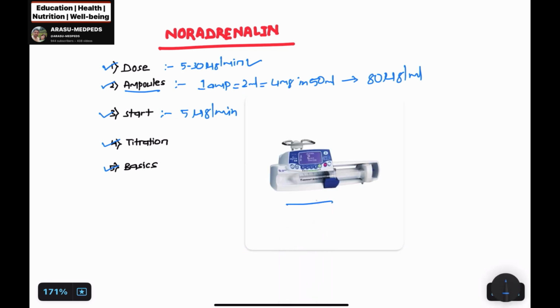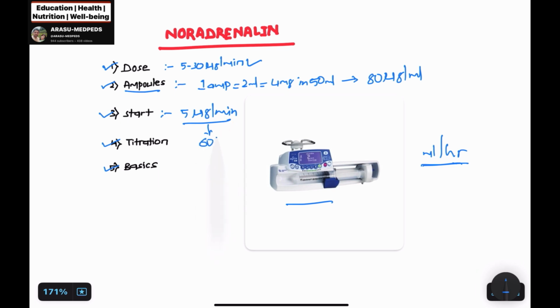Whenever we want to start this, we usually instruct it in ml per hour, not in minutes. For 1 hour, how many ml should be infused, that is the instruction we give. Here we know that the dose is in the minute range, so to convert it into hours, we just have to multiply it by 60, right?